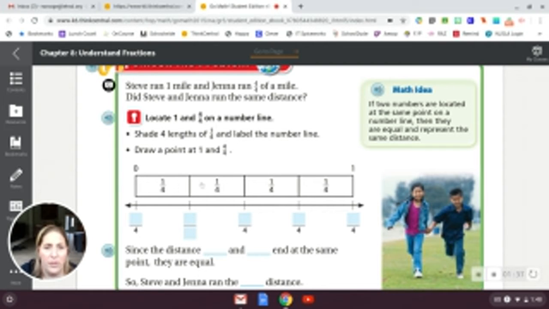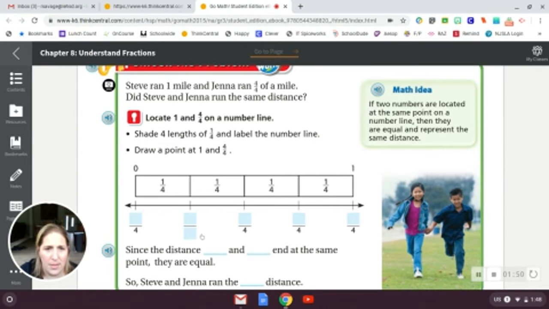We have 1/4, 2/4, 3/4, 4/4. So if I could write in my book, we always start at 0, so this is 0/4. 1/4. This guy would be, what do you think? 2/4.